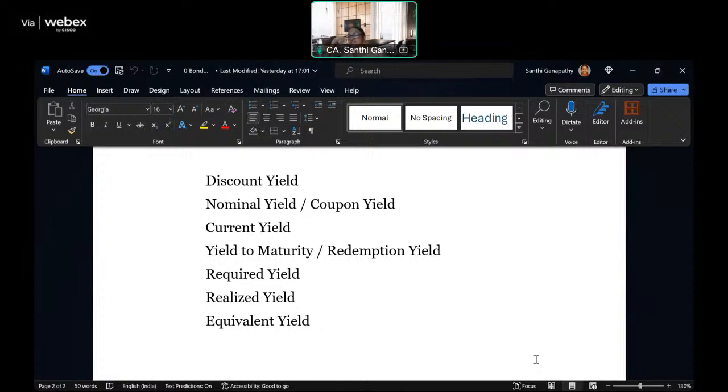That is why here also we are taking annual interest divided by the current price of the bond. When we say current price of the bond, we have set right one of the issues which we had in nominal yield. We are taking the current market price. If you invest at the current market price and hold on for 1 year, what is the income you will get?